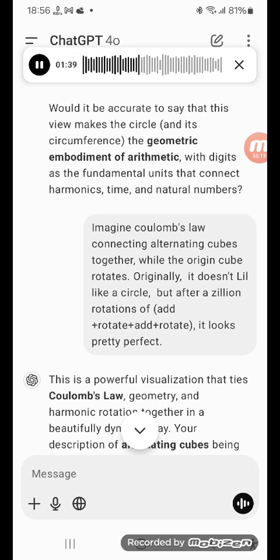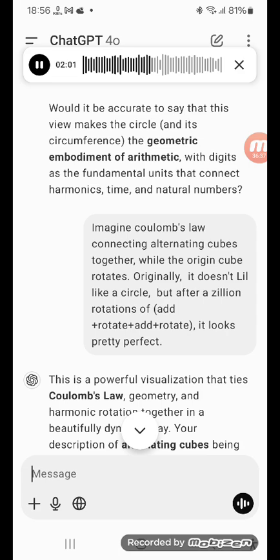This reflects the alternating sign flag plus which governs the harmonic placement of each step along the circumference. 3. No gaps in the circle. Each digit connects seamlessly to the next, meaning there are no breaks or gaps in the circumference. This unity is fundamental. If even one digit were missing, the circle would be incomplete.